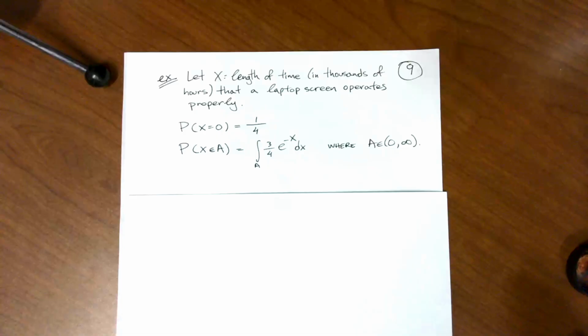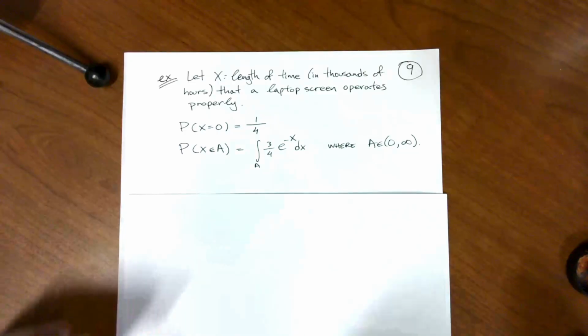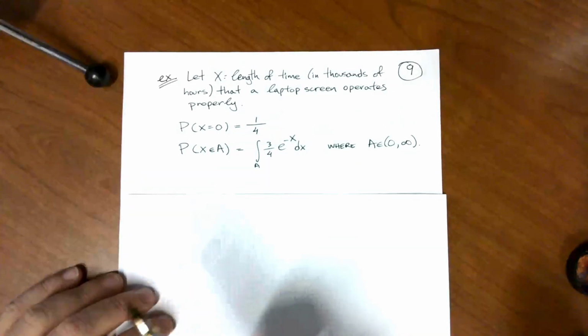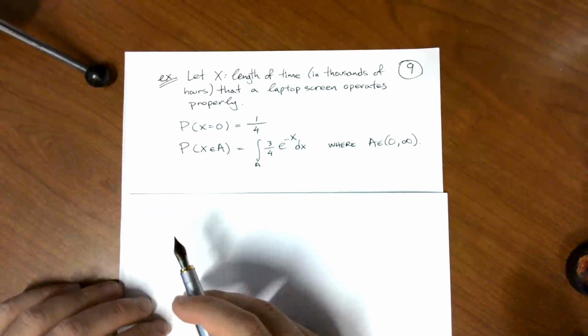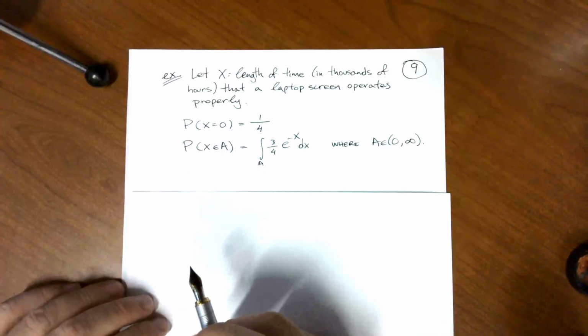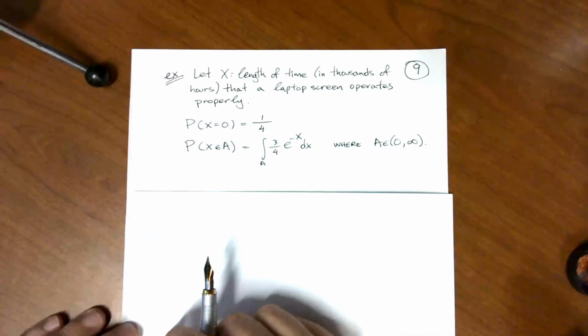You could very well say that the probability that x is equal to 0, at a specific point in the domain of x, is 1/4. That is a very high probability in this example that a laptop is not going to operate properly the moment you try to turn it on, at time 0 essentially. And then the rest of the probability distribution follows the exponential that we have, or a form of the exponential. That would be an example of a mixed distribution that you would see in probability and statistics.